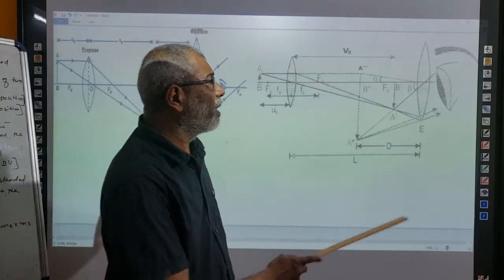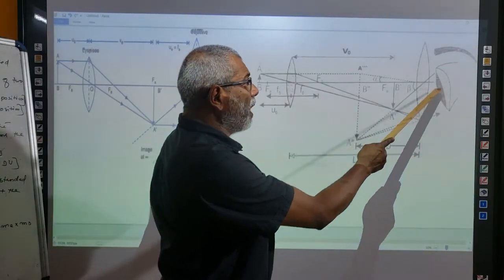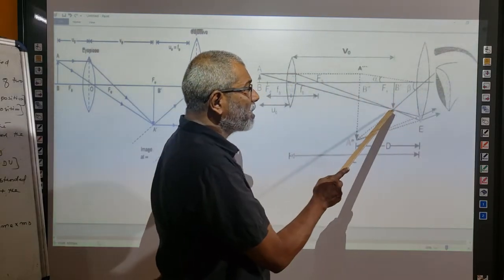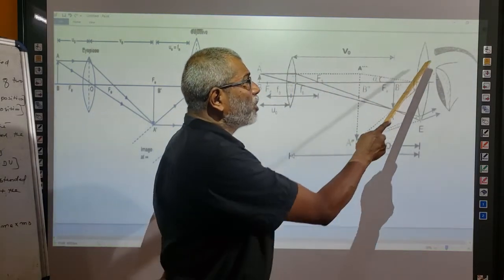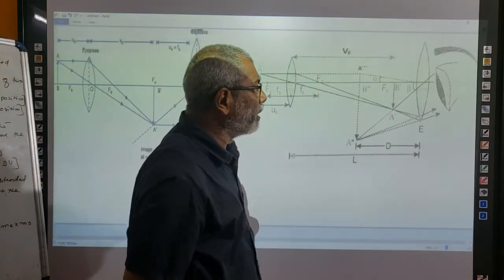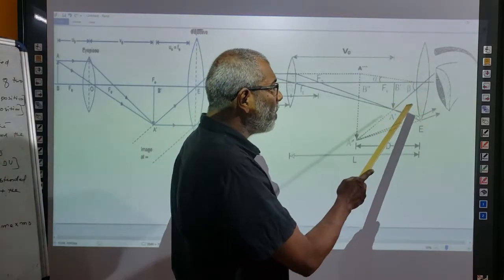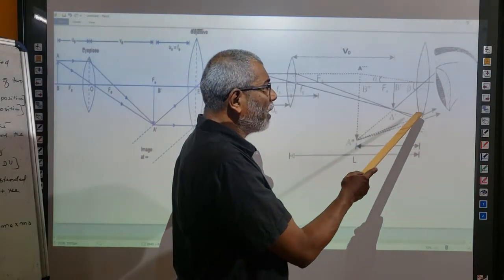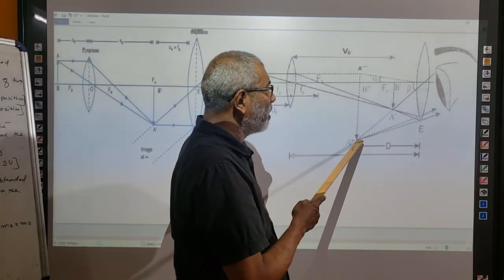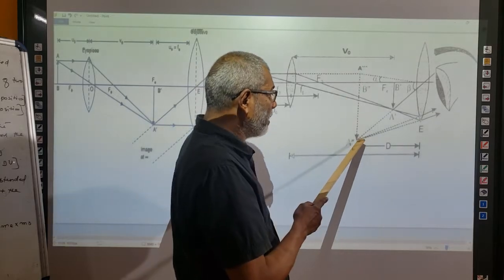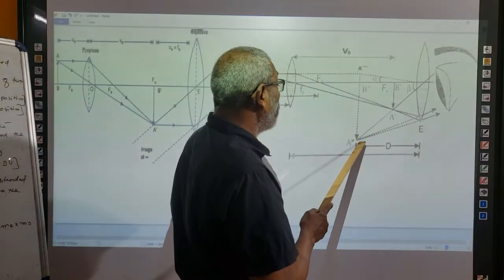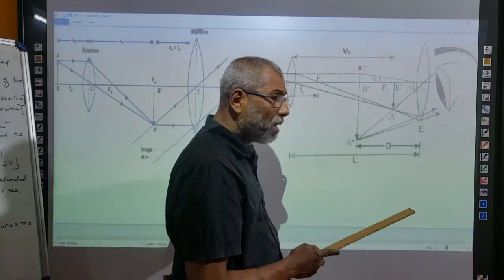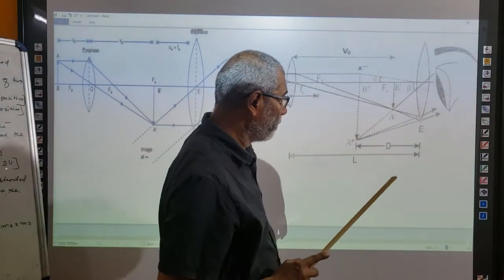That means this is the eye and this is the image formed by the object lens. The eye cannot see this image A'B'. That is why there comes the eye lens. For the eye lens, this object A'B' is very near. Hence, it makes the final image A2'B2' at a distance D away from the lens or from the eye.